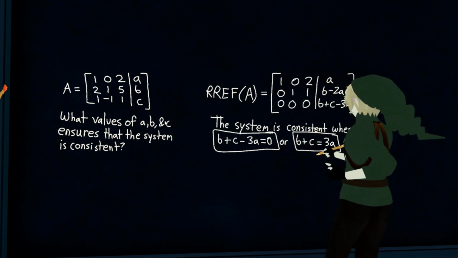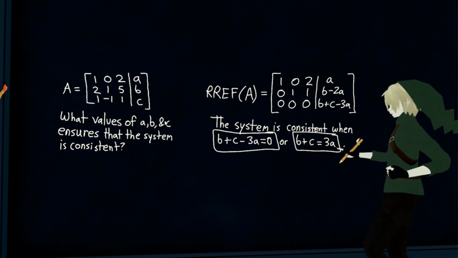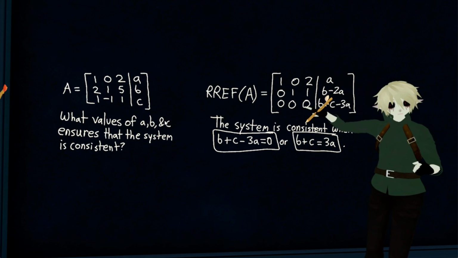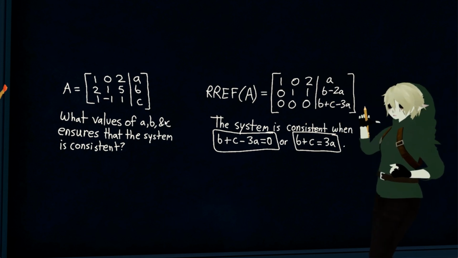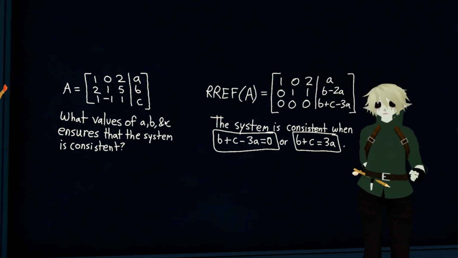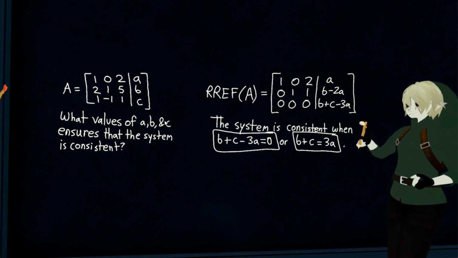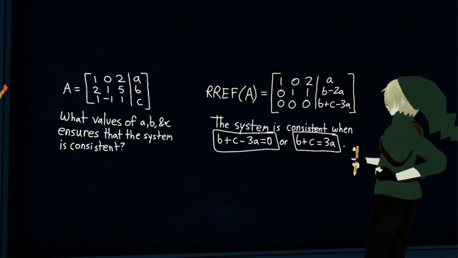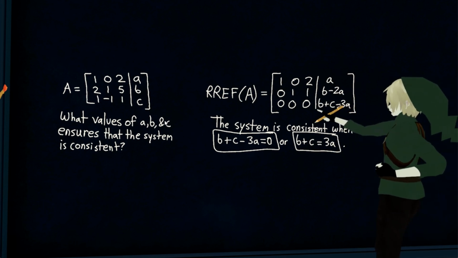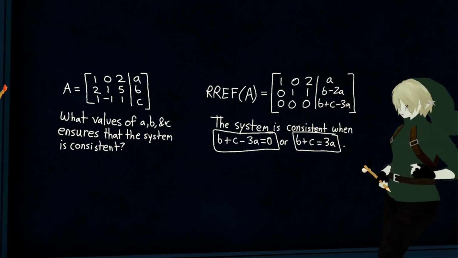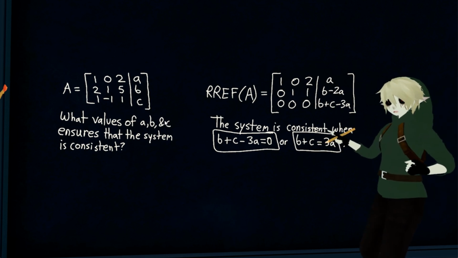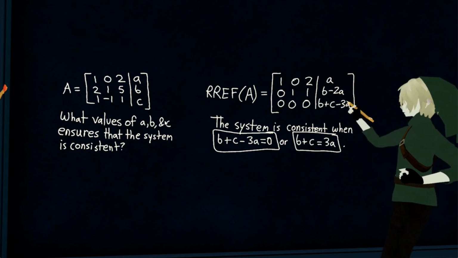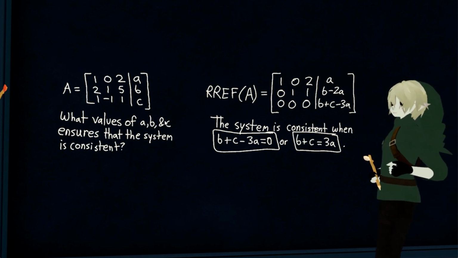If we don't follow this rule for A, B, and C, then we're going to end up with a contradictory result when we solve the system, and it'll become inconsistent. So we want this to be 0 because everything here is 0. We must follow this in order for the system to be consistent. That's how you would solve these types of problems.